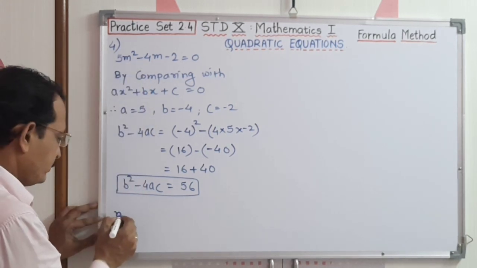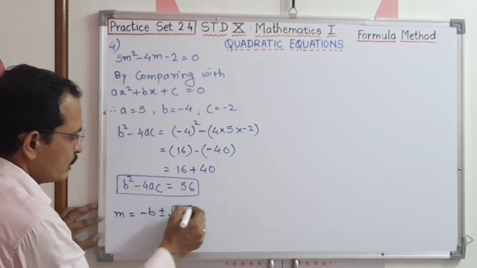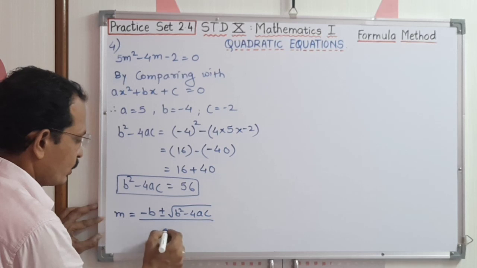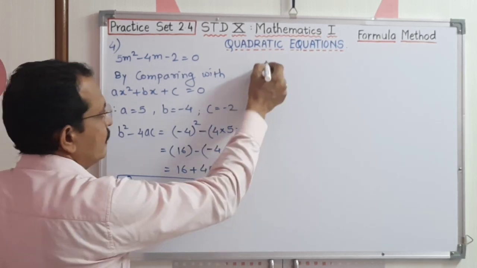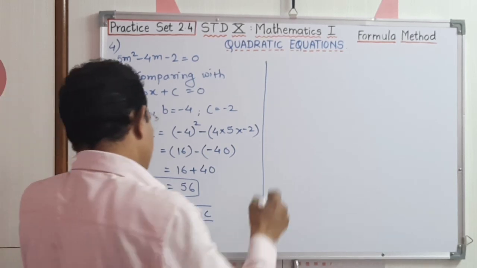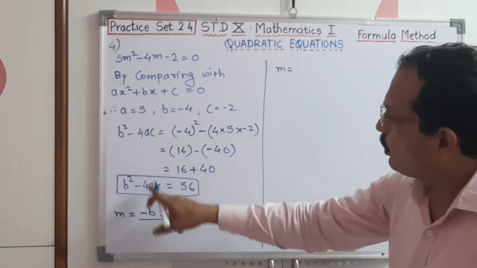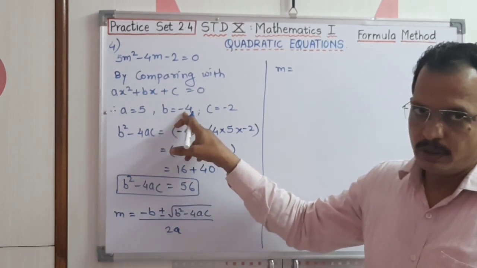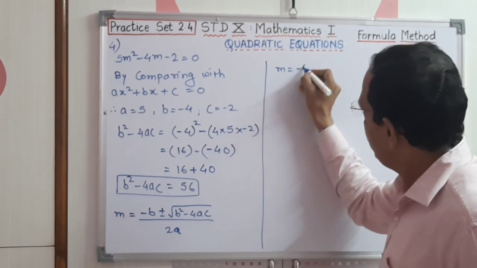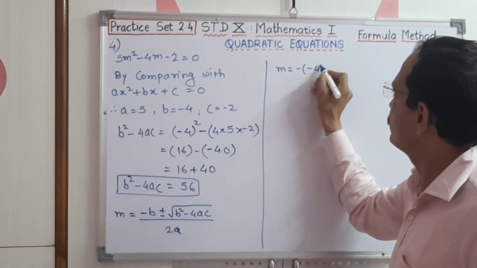It is m is equal to minus b plus minus under root b square minus 4ac upon 2a. Now substitute the values. m is equal to, dear student, the value of b is minus 4. Therefore remember here this minus sign as it is, and in bracket we have to write the value of b, it is minus 4.